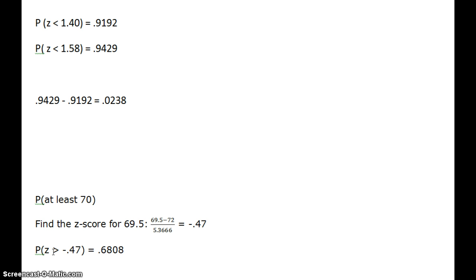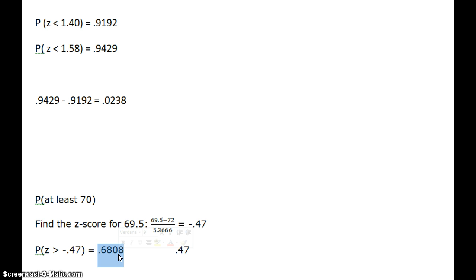And then you just look up the chart to find the probability of more than that z-score. Remember, the chart only gives less than. So there's two ways to do a greater than, and one way is just to look up the opposite. So in the chart, I just looked up 0.47. And when you look up 0.47, you get that.